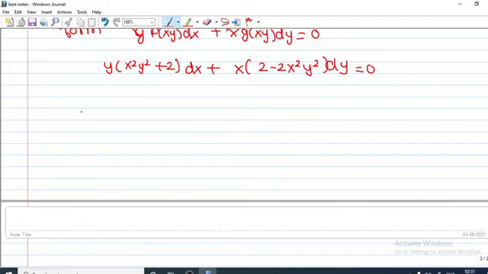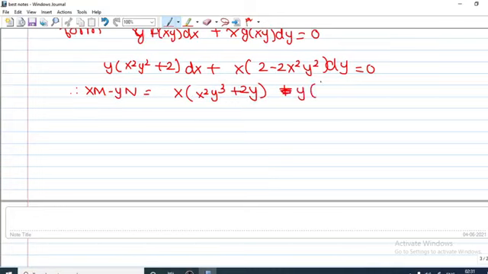Now, after this, what you can see, therefore, what we will try to get is Mx minus Ny, which is nothing but x into, what was our M, nothing but x square y cube plus 2y, minus, what is N?